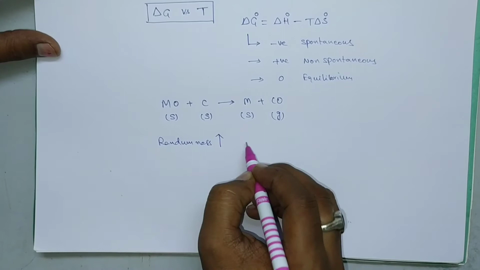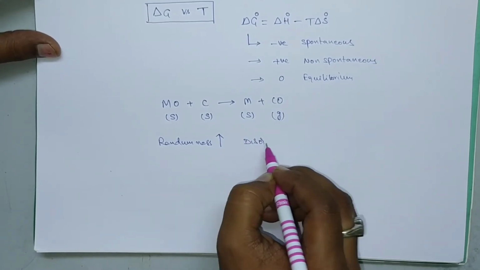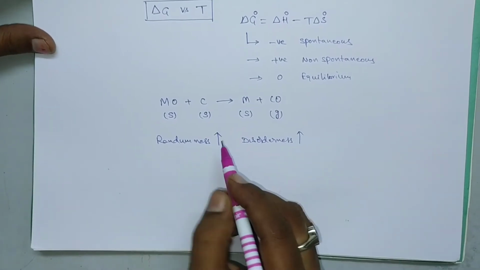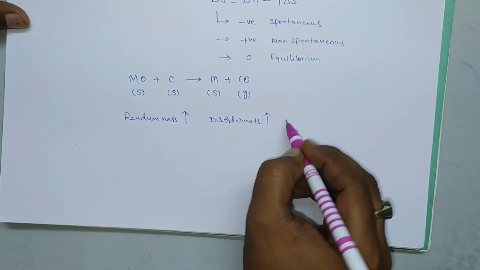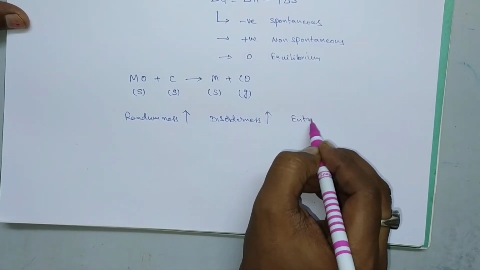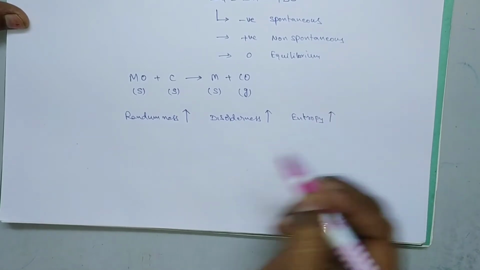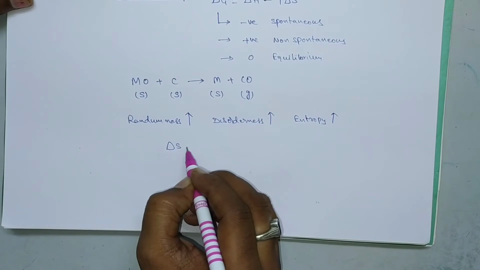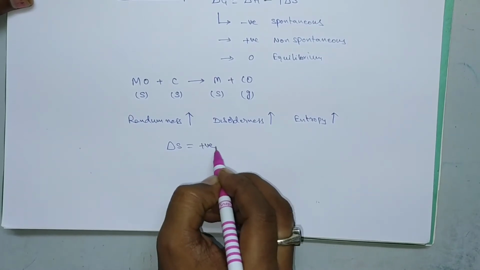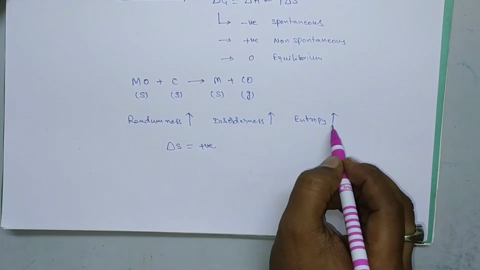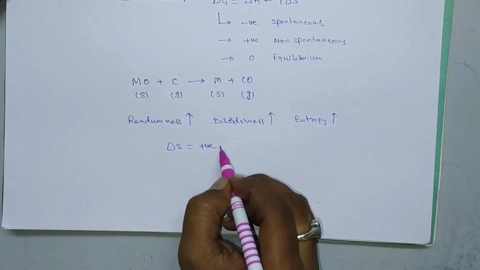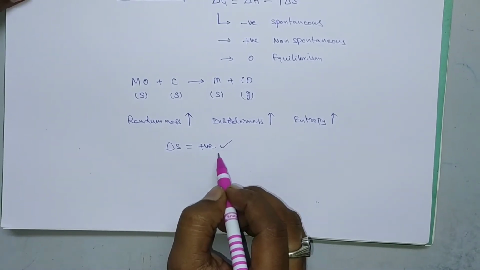If randomness increases, the disorderness of the molecules also increases. If the disorderness of the molecules increases, it means the entropy increases. If entropy increases, the change in entropy delta S is always positive. Clear? So delta S will be positive.